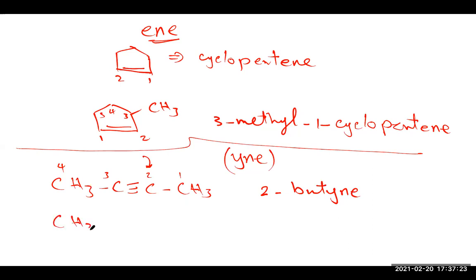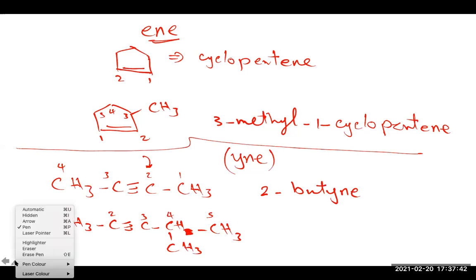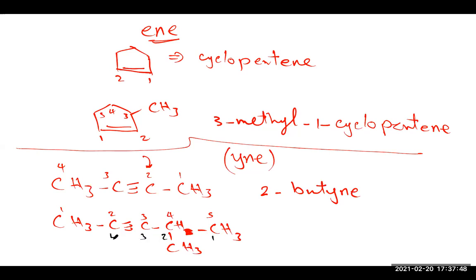We could have a compound like CH, CH3, CH3. So I will start numbering by 1, 2, 3, 4, 5. Or we can number from 1, 2, 3, 4, 5.